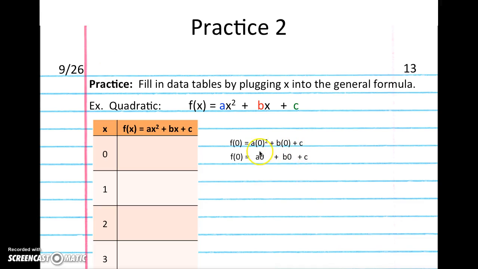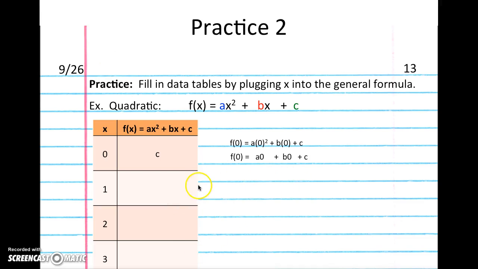Now a times 0 is 0 and b times 0 is 0. Once I combine like terms and simplify, it's just c left. And so in this data table, I'm going to write in c. And that's it for the first one.